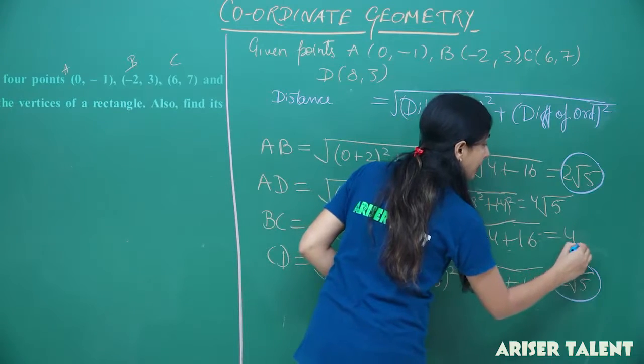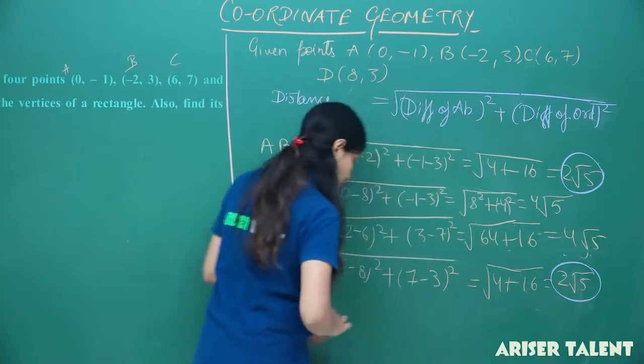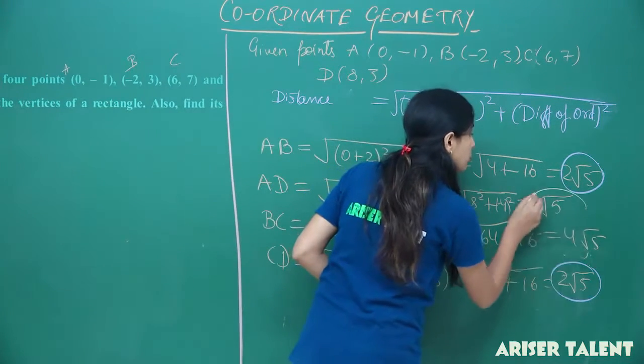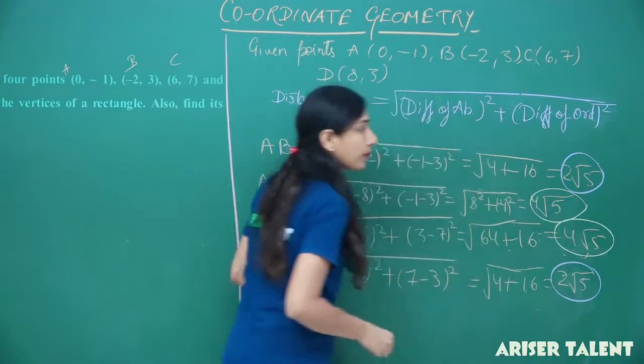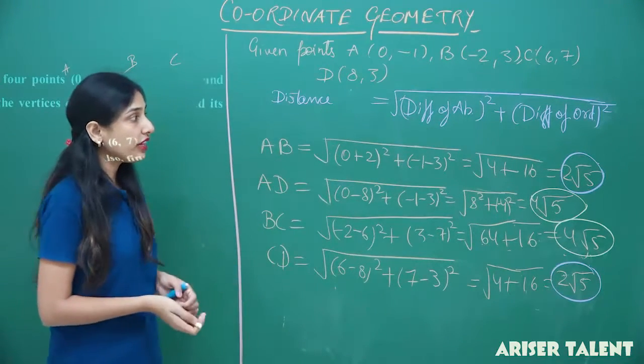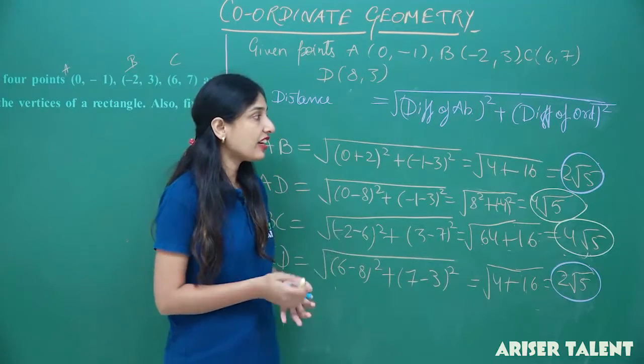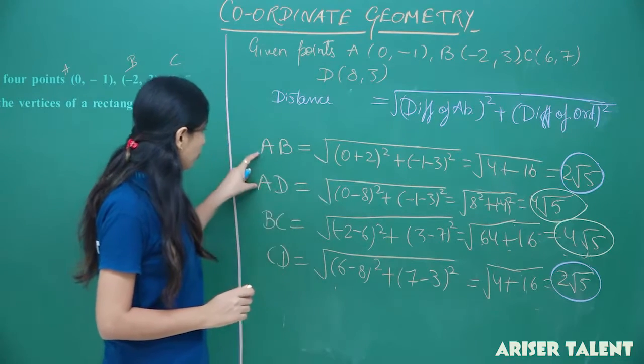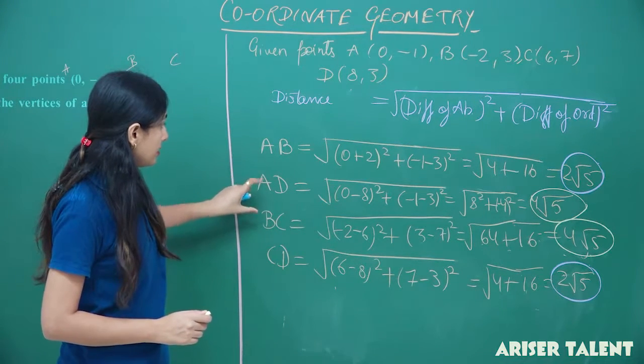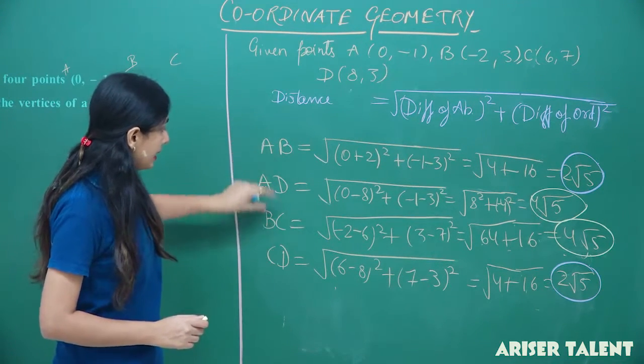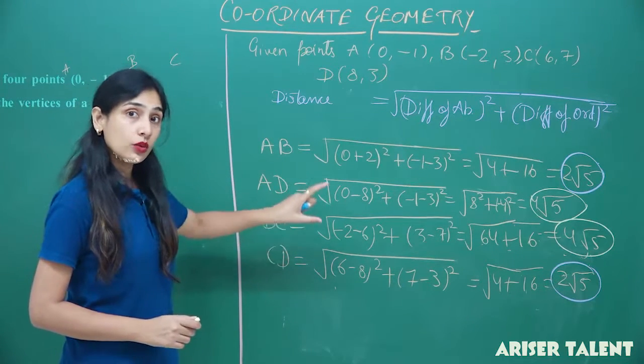So now these two are also the same, 4 root 5 and 4 root 5, and 2 root 5 and 2 root 5. So we have these two pairs, AD and BC, and AB and CD, as equals.